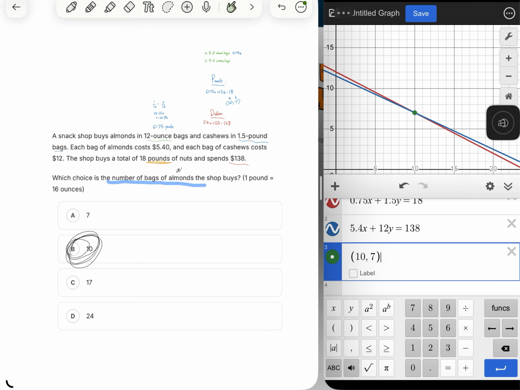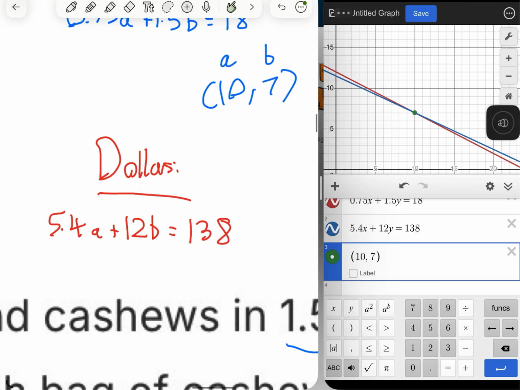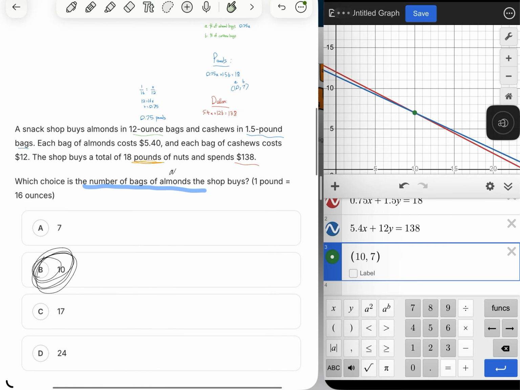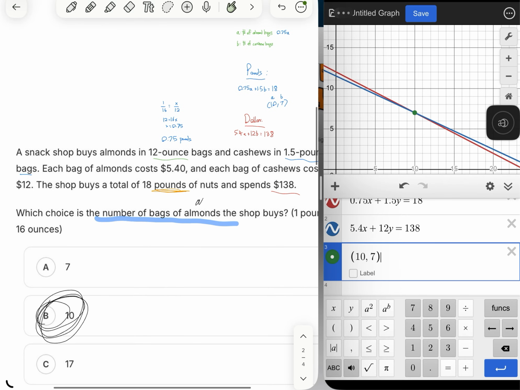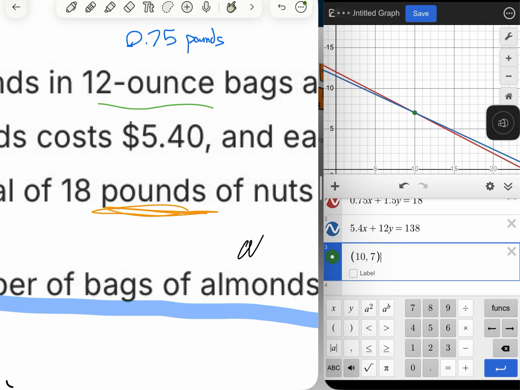So, what's the most important thing to take away from this problem? Well, it's the fact that you have to stay loyal to the totals. Always add up to the totals. And the reason I say that is because you might be confused. Like you'll see a 12-ounce bag here, and you'll see a bunch of numbers. But if you look at the total values they give us, in this case, they give us the pounds and money.